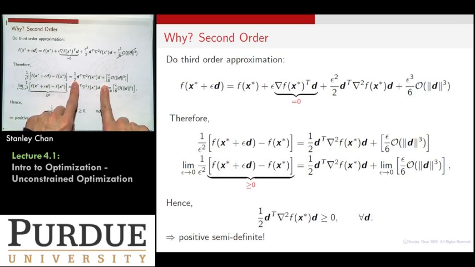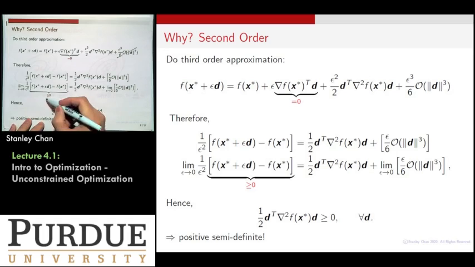And this has to hold for any d. How can this be possible? The only thing that can make it happen is that your Hessian has to be positive semi-definite. Because you ask this one to be greater than or equal to 0 for any d. That is the criteria.